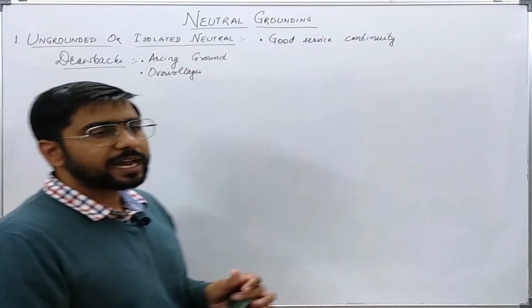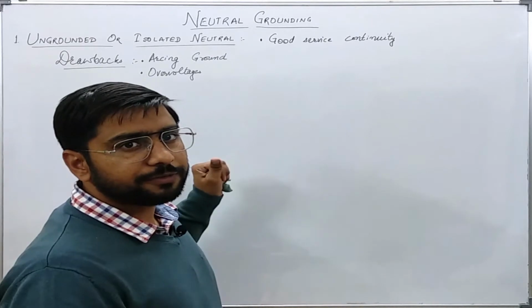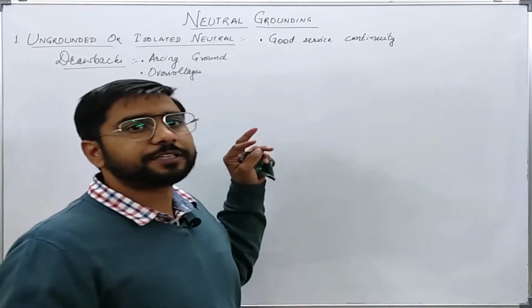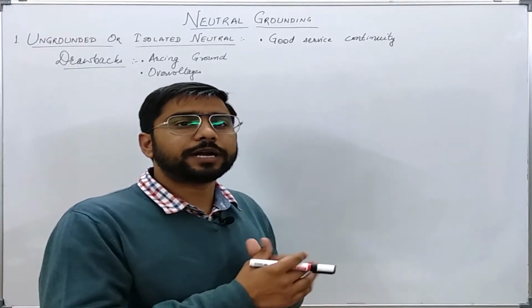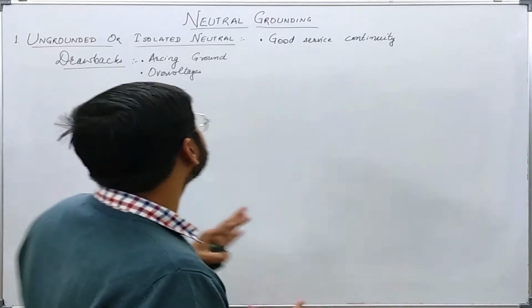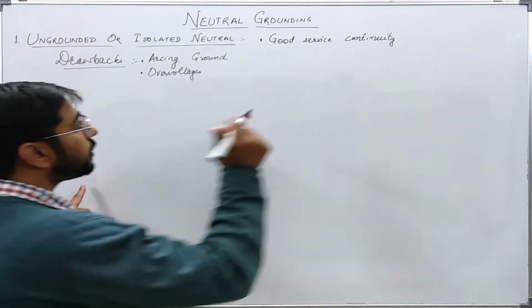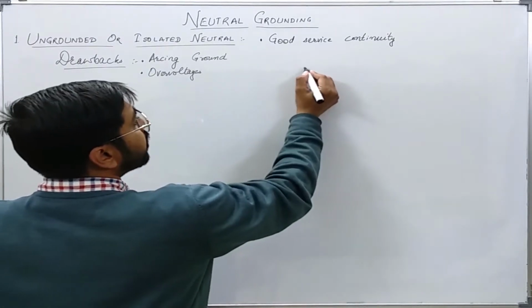Usually, there can be 2-3 types of neutral grounding. The first one which we want to study is the system which is having neutral isolated, that is, the neutral is not connected to ground by any means. Okay, so let us say we have a generator, synchronous generator.